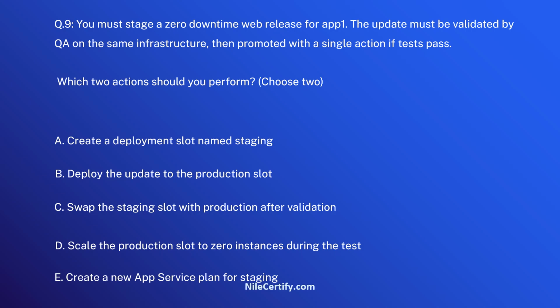Because it violates the same infrastructure constraint, this answer is wrong. And the correct answer would be using deployment slots, which is A, create a deployment slot named staging, and C, swap the staging slot with production after validation.